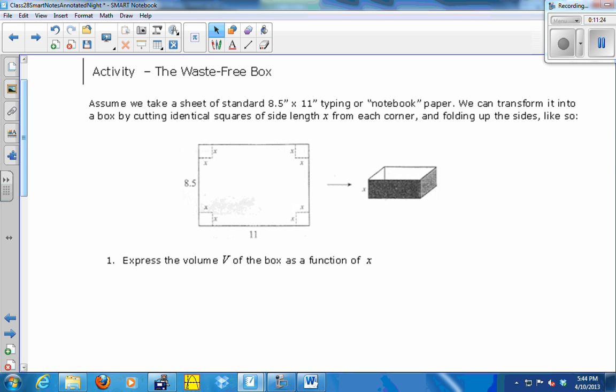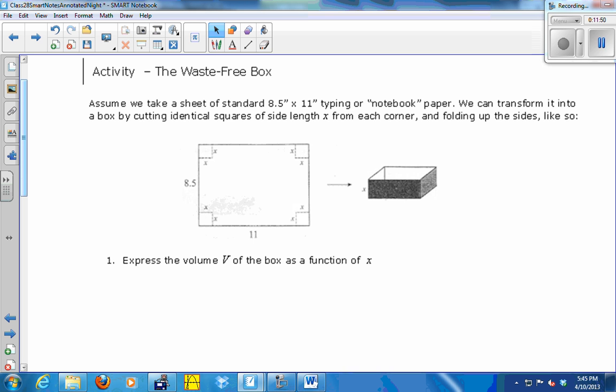So I have a piece of paper, and from each corner, I'm just going to tear out a little square of equal size. This obviously could be done neater, more accurately.